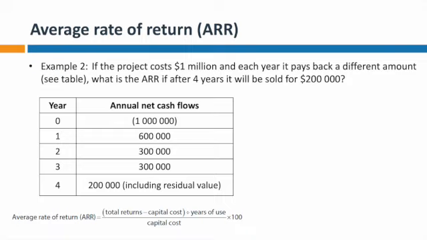So, first, the total returns. In the table, the total returns would be all the positive cash flows that you see coming to the business from year 1 until year 4. The negative cash flow that we see here at the top in year 0 is the investment, the capital cost, the initial investment that the business made.